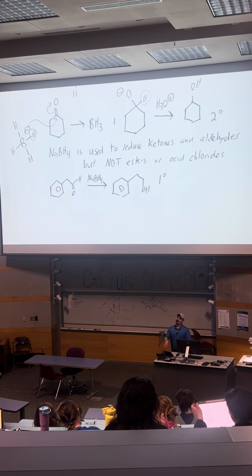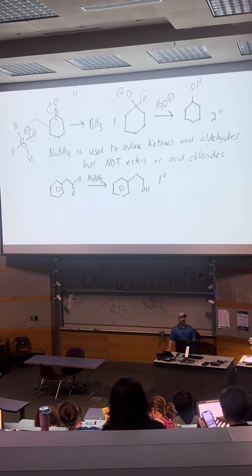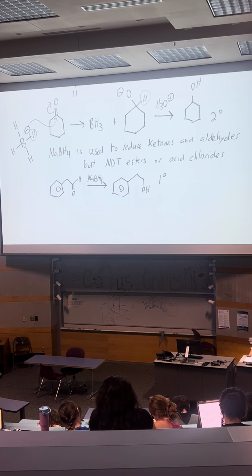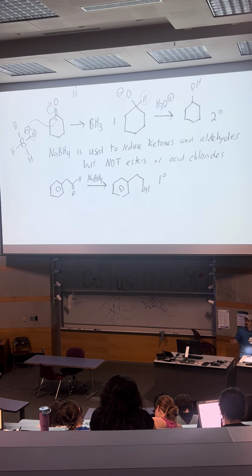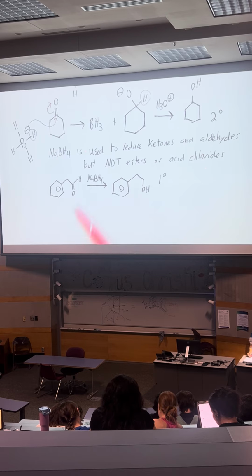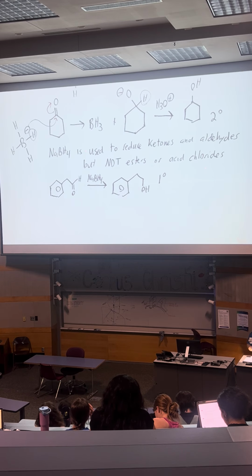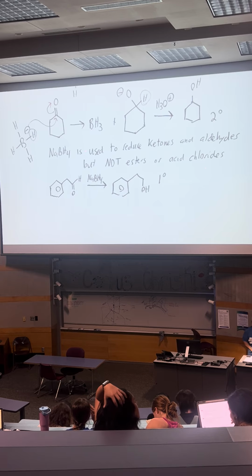If you do this chemistry on an aldehyde, you get a primary alcohol. Right? Because it all comes back to counting carbons. If it's a ketone, then alpha to the left and alpha to the right of the carbonyl are two other carbons. So if you reduce that carbonyl to an alcohol, then there's two carbons connected to that carbon. It's a secondary alcohol. For this, alpha to the aldehyde is a hydrogen and a carbon, which means that it's a primary alcohol.